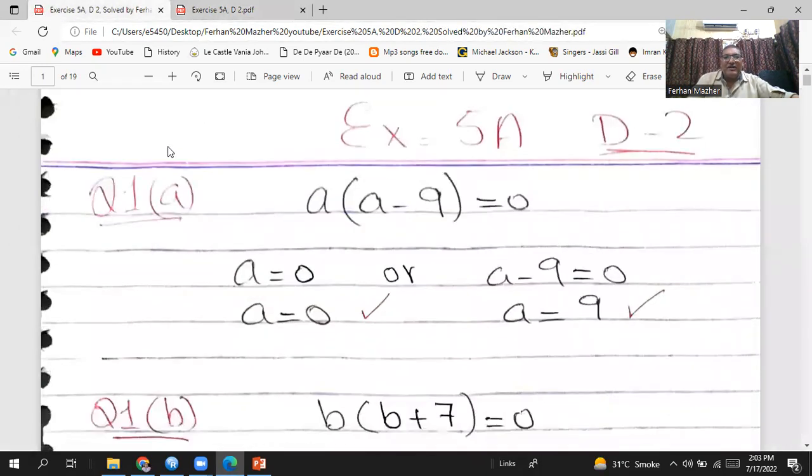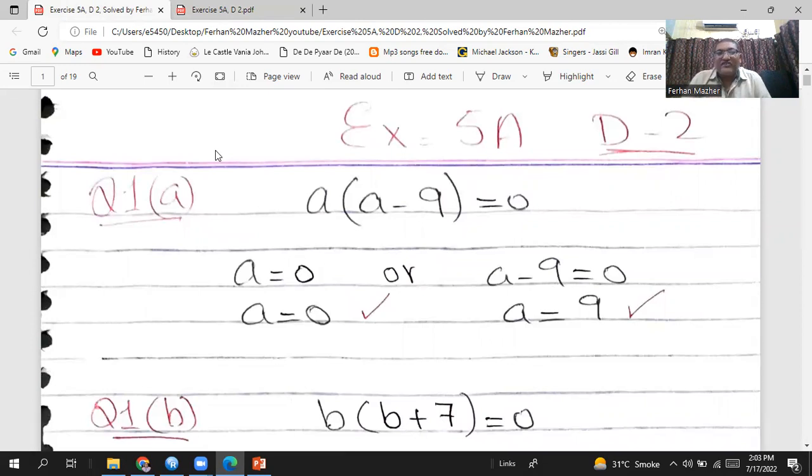These two numbers are multiplying with each other and their answer is 0. That means either the first member is 0 or that bracket is 0. So we will make them 0. I will write a equals 0 and a minus 9 equals 0.